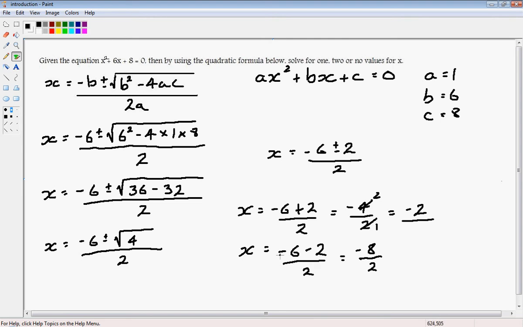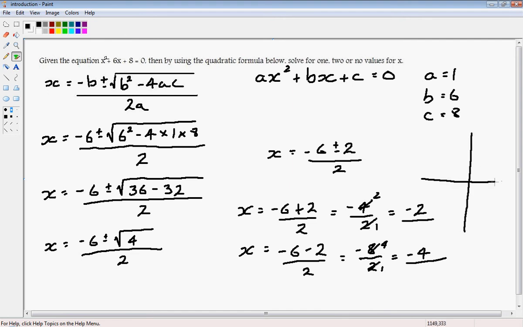If you think of temperature, if you are at minus 6 degrees and the temperature drops another 2 degrees, it gets colder, so it goes to minus 8. So again, you should know that this cancels, and so we get our answer, minus 4. So x equals minus 2 and x equals minus 4.